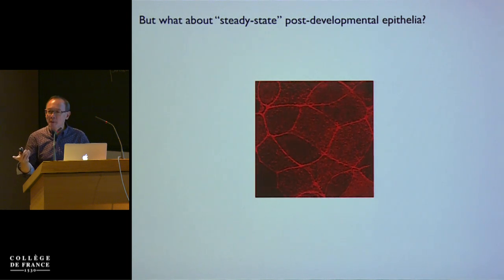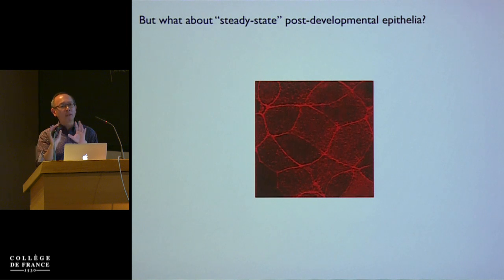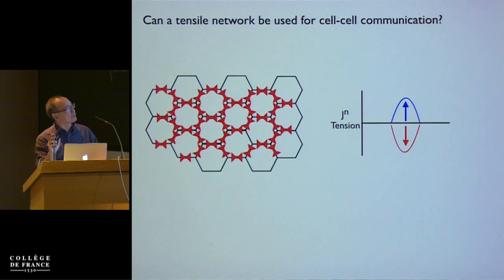Now, that's in development, and I accept that development is not unimportant, but I'd like to ask you to consider what might the tensile forces that we can see even in steady state epithelia, such as in culture or in our skin, gut, or lungs, what purpose might they serve?